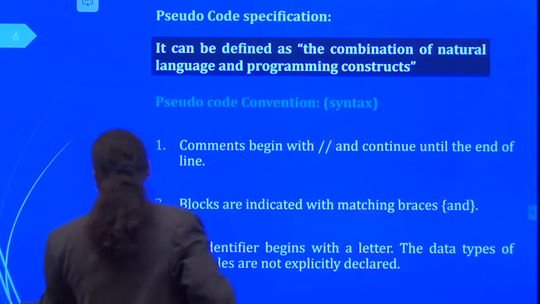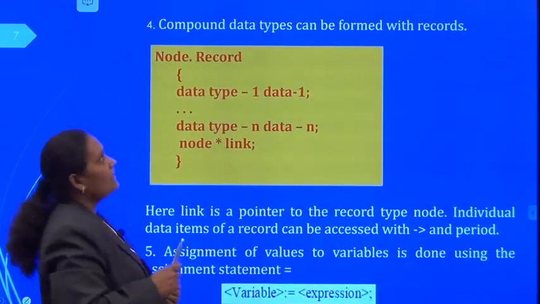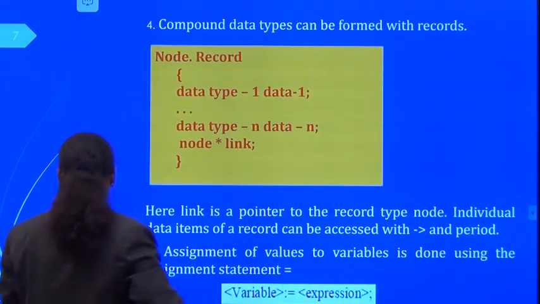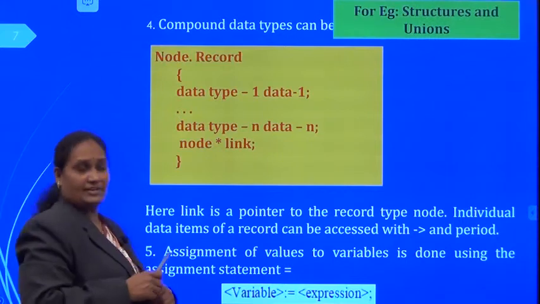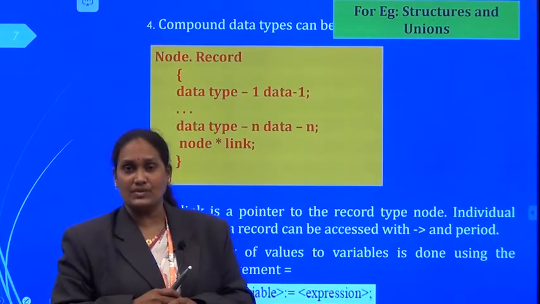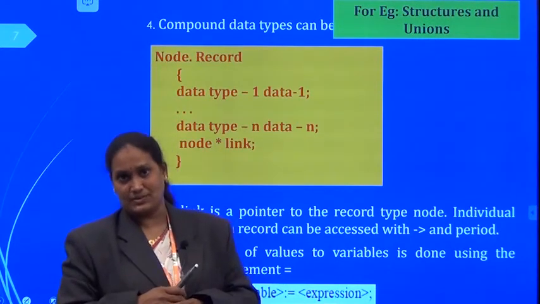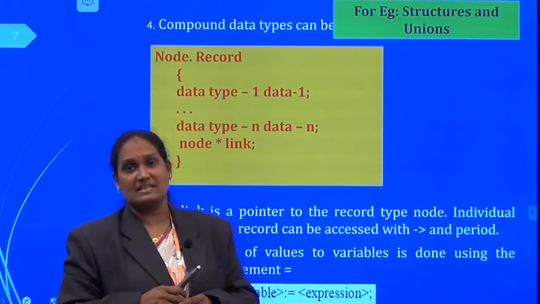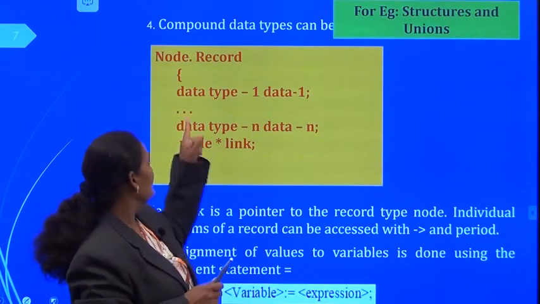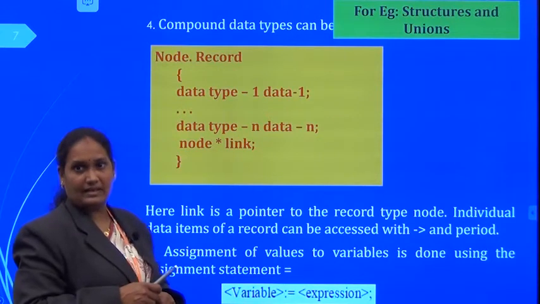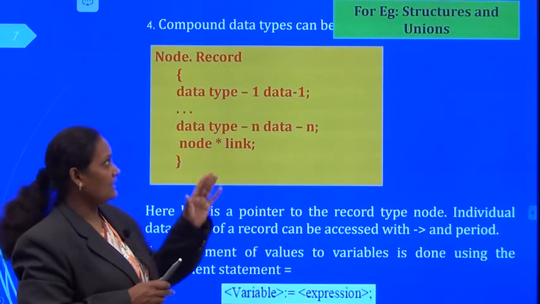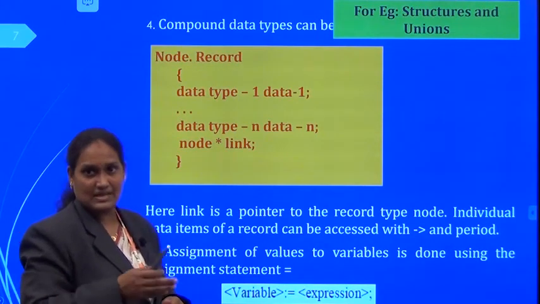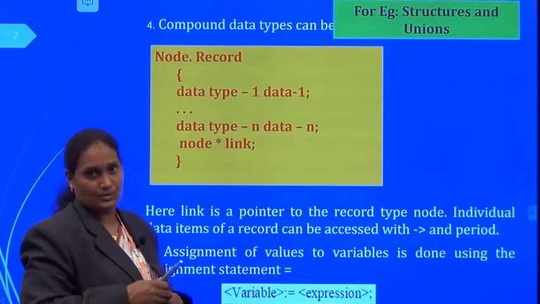The next one, compound data types, such as structures and unions, can be represented in pseudocode by using record. Record is used to represent complex data structures such as structures and unions.